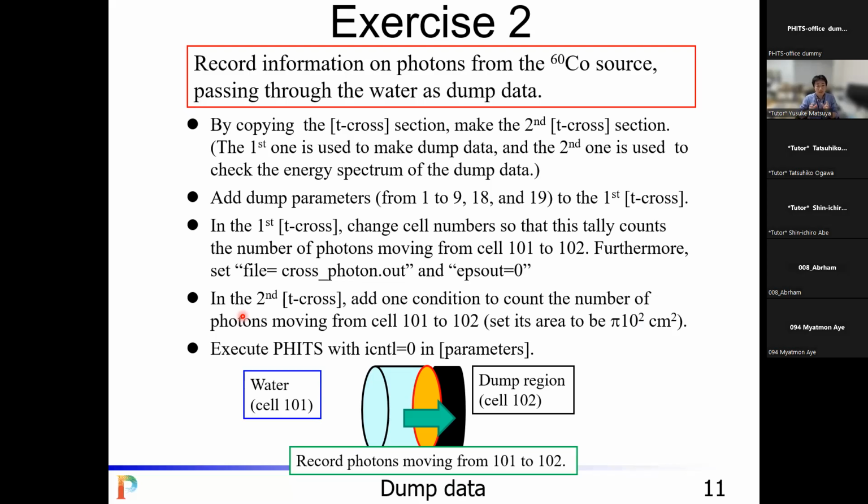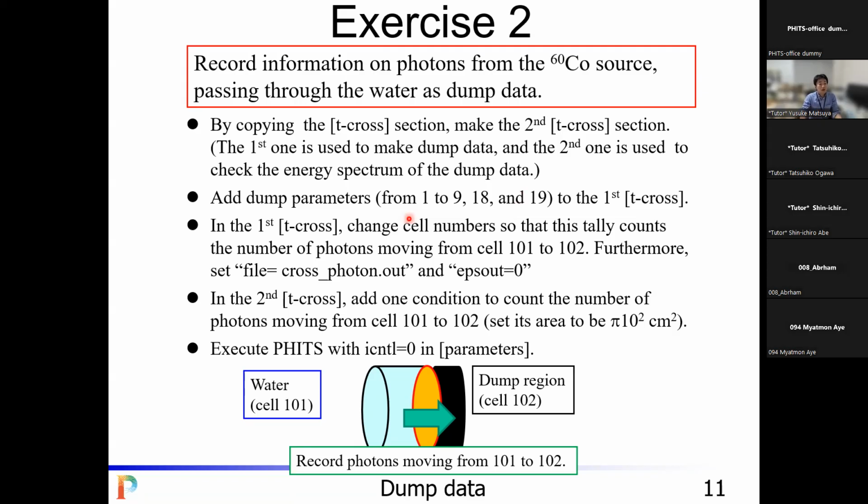So please set its area to be pi times 10 squared in centimeter squared. After these modifications, fifth, please execute PHITS with I control equal 0 for transport simulation in the parameters section.